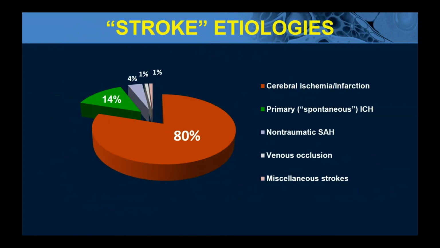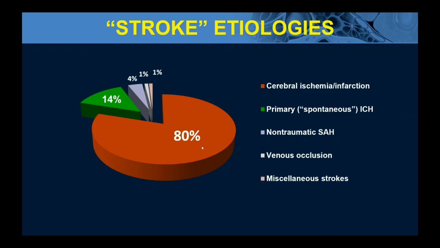If we take a look at this little pie chart that I made up that shows stroke etiologies, remember that stroke means sudden onset of a neurologic deficit. 80% of these are cerebral ischemia and infarction. When a patient comes into the ED and the EMTs have notified the ED that they're bringing in a stroke patient, a whole stroke team is activated because speed is of the essence.